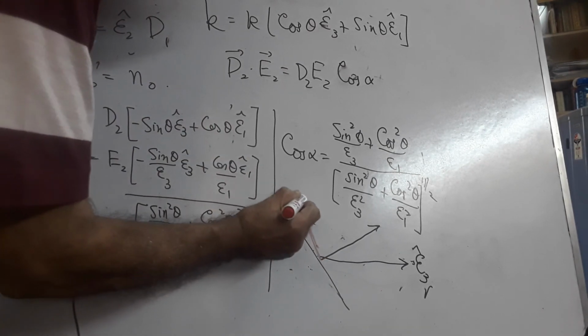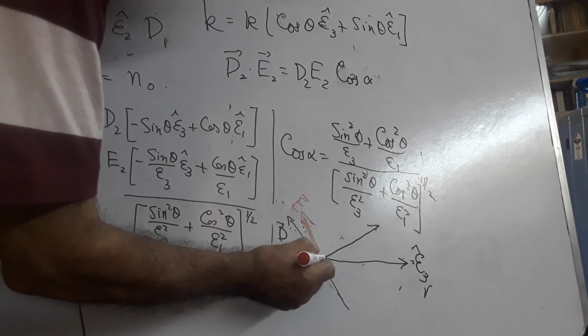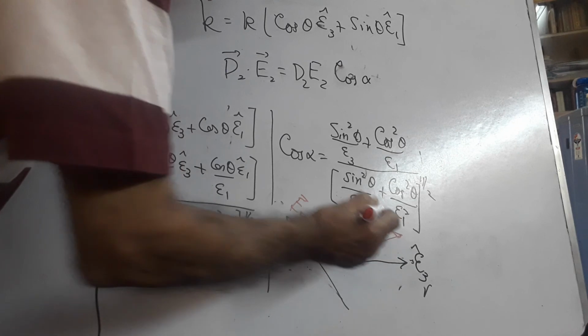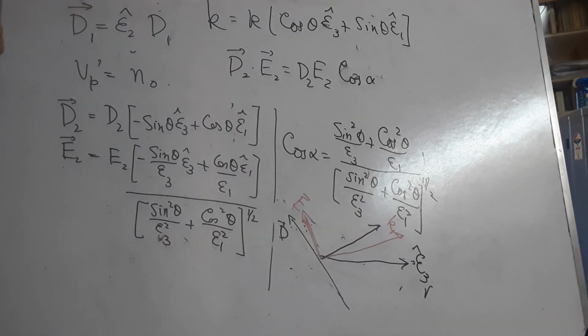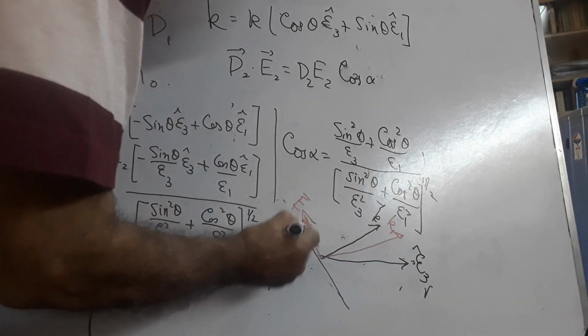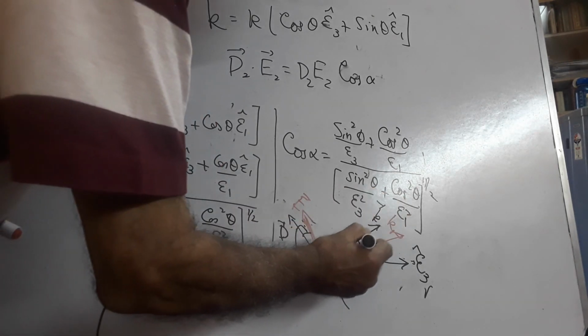That's my E, and this will be the direction of the K ray, and the other one was the direction of K. Okay. This angle is alpha.